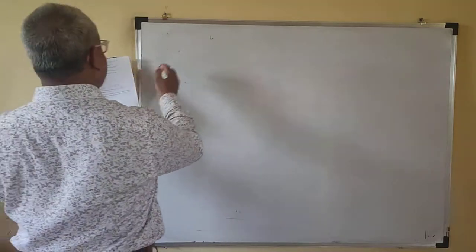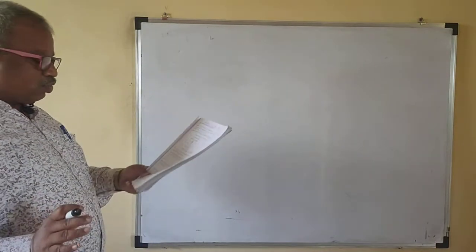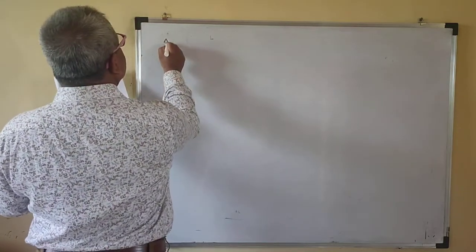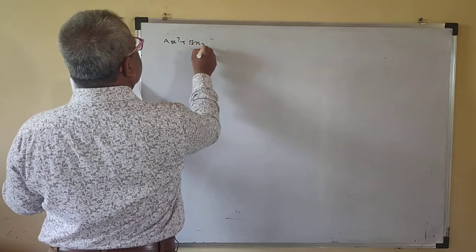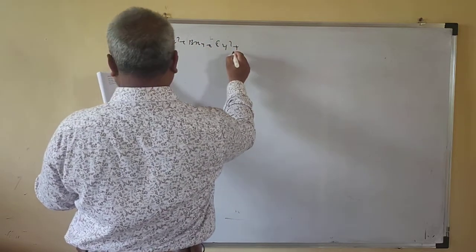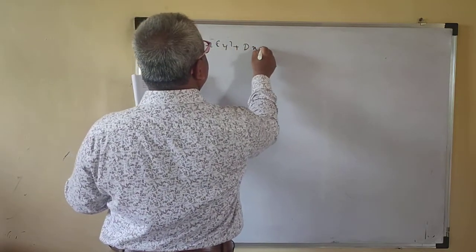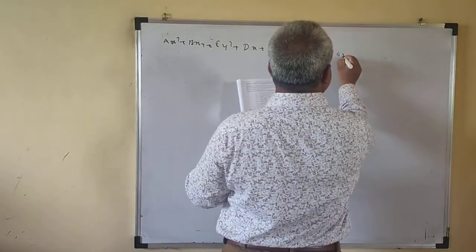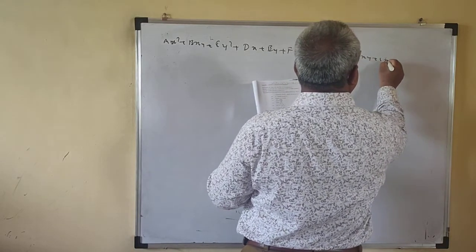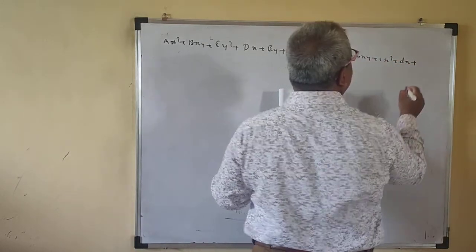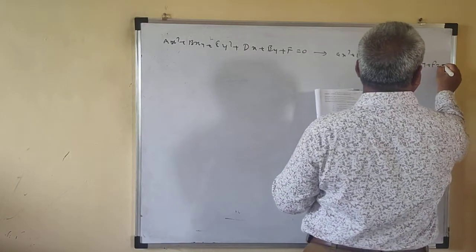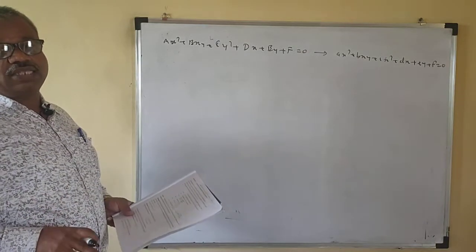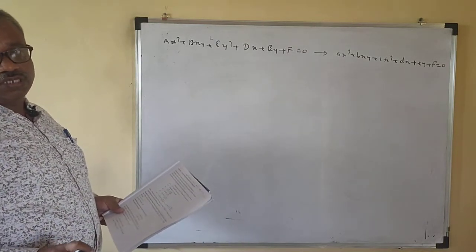Now, suppose the axes are rotated through an angle theta without changing the origin. This equation Ax square plus Bxy plus Cy square plus Dx plus Ey plus F is equal to 0 is transformed to ax square plus bxy plus cy square plus dx plus ey plus f is equal to 0 by rotating the axis without changing the origin.